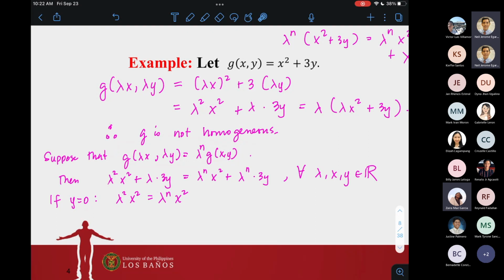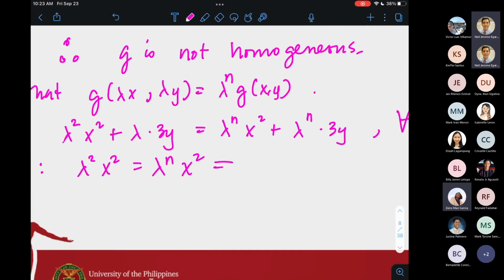Because when y is 0, I'll get that n should be equal to 2. Right? n should be equal to 2 for this equation to be true. And that's fine. I haven't violated anything so far. So if g happens to be homogeneous, it should be homogeneous of degree 2. Okay? If indeed it is homogeneous.